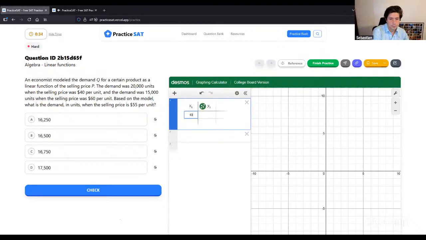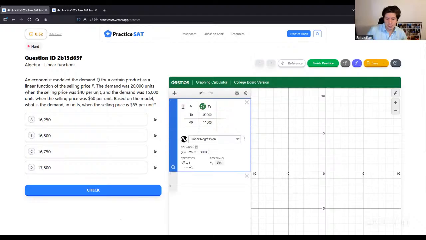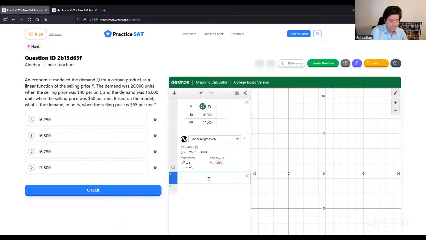When you have 40, you have 20,000. And when you have 60, you have 15,000. Let's generate a linear regression. Great. And now we'll plug that in with 55. So negative 250 times 55 plus 30,000 gives 16,250. It'll be A.